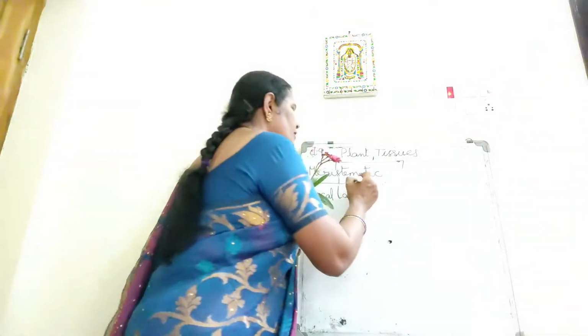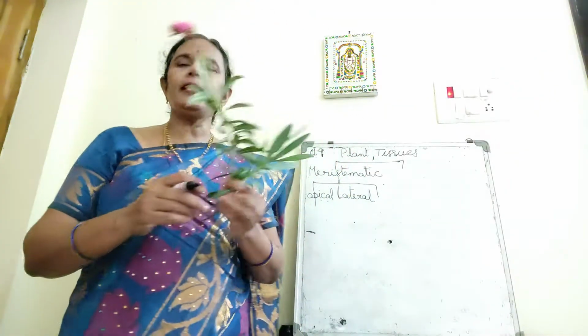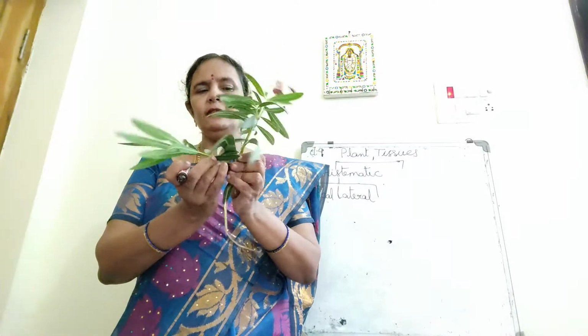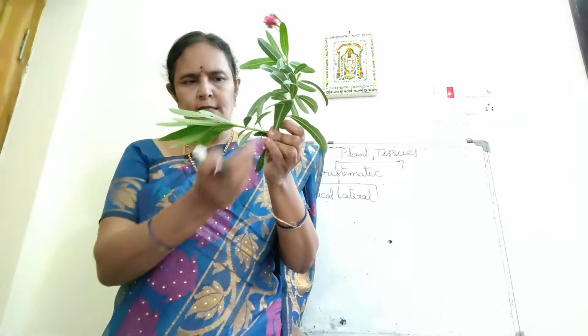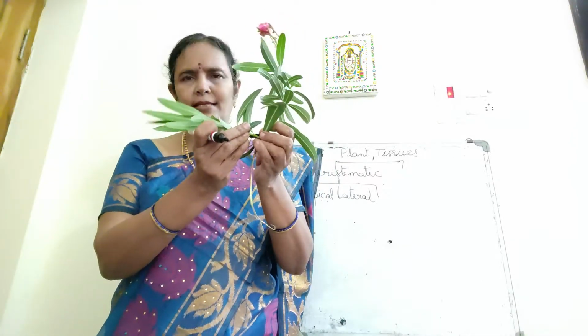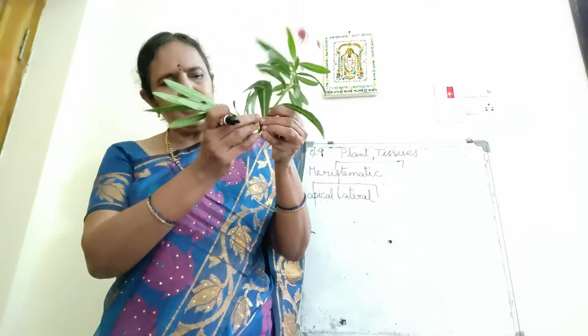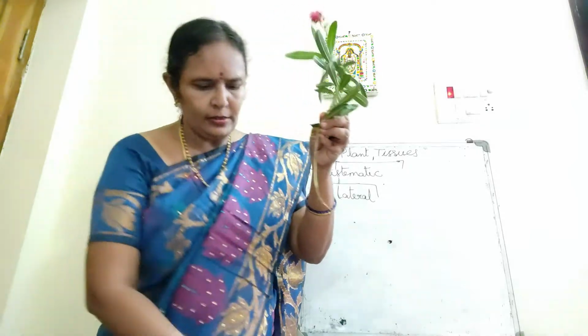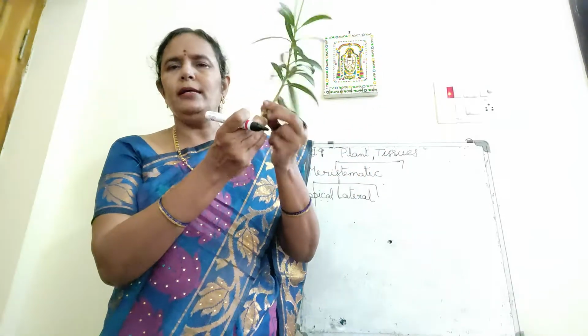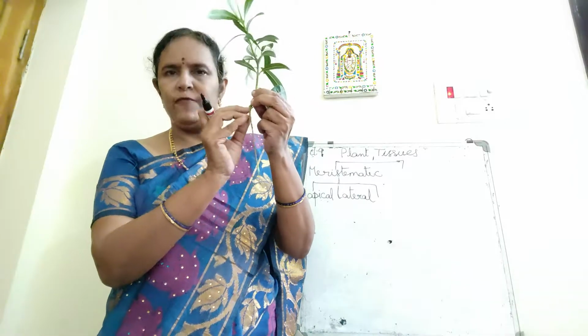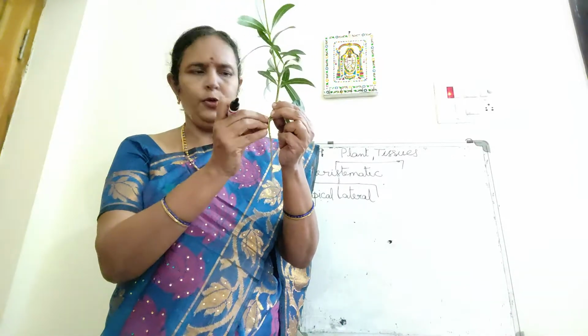And the third one is intercalary meristematic tissue. Suppose you take the stem, and from here the branch arose, the branch is growing from here. If we take off the branch from here, this part is called the node. From where the branch arises is called a node.